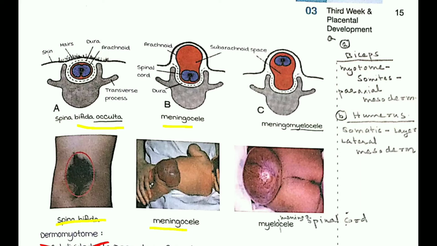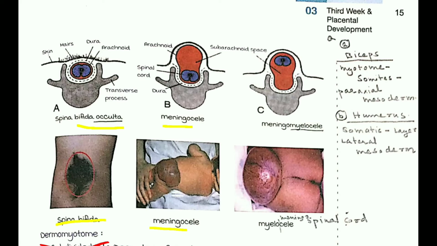Till now, from each subdivision, what all structures are formed, we have to know and memorize, because questions will come. For example, the biceps muscle, it will be asked from where it is formed.